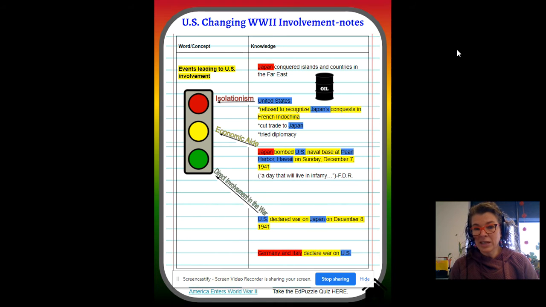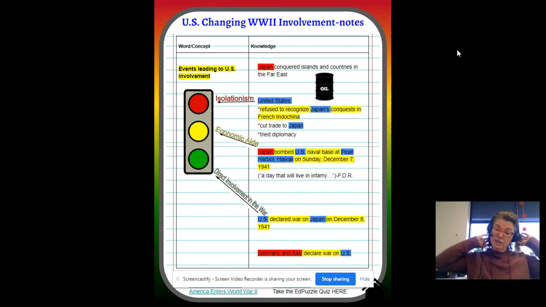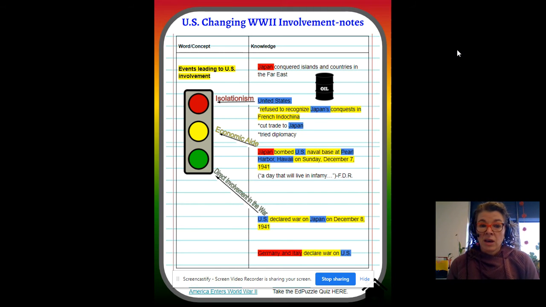And so what we decided to do was to create a trade embargo, which means we basically cut any type of trading with Japan. We did not send them any type of resources once they made the decision to continue their invasion of Southeast Asia.